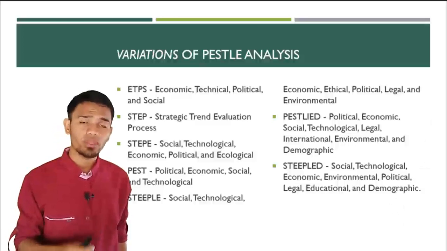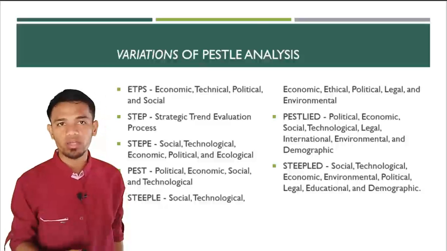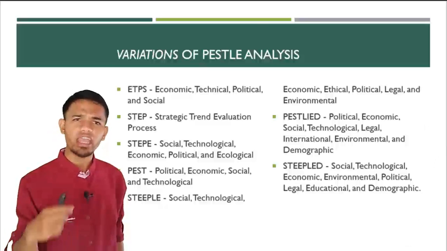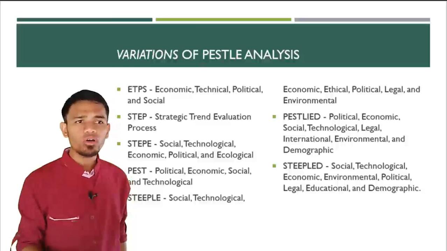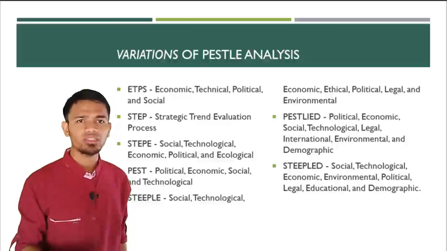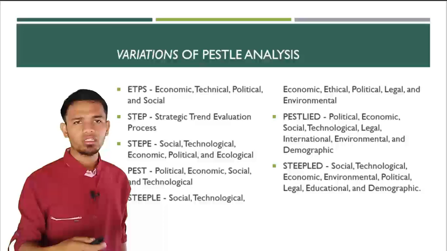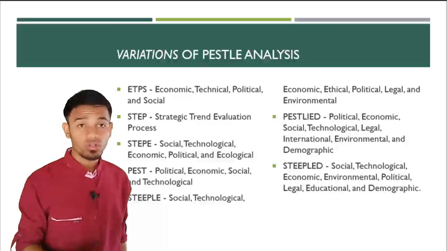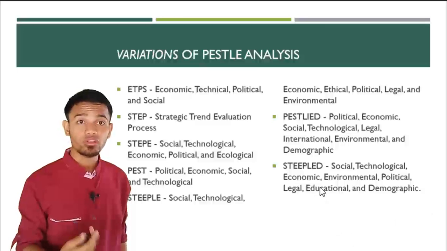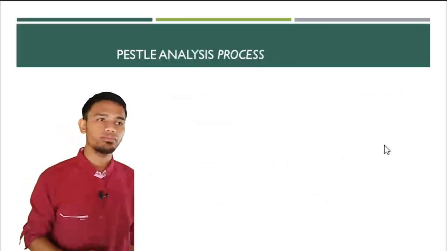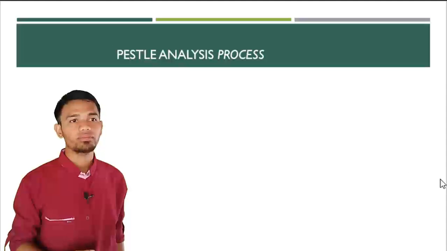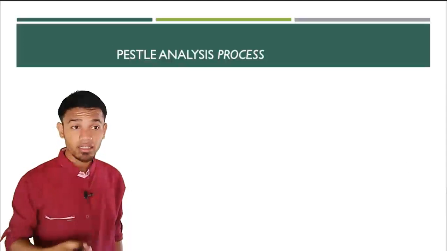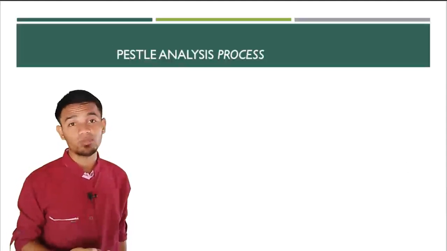Let's say the most famous one is the PESTLE analysis, but actually the essence of all these abbreviations or variations is the same: political, economic, social, technological, environmental, and legal.